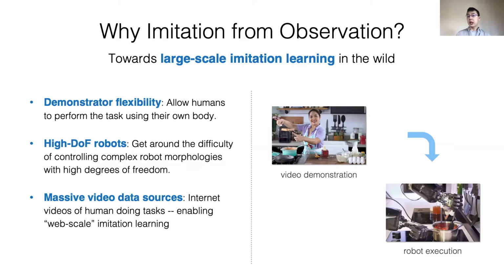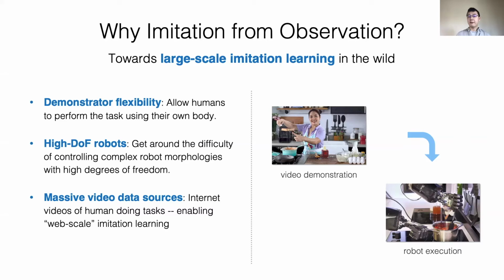There are also a bunch of technical reasons why we are interested in imitation from video and why this is a promising direction to enable large-scale imitation learning in a more realistic setting. First, it gives us a great degree of flexibility to the demonstrators. They can now use their own body to perform the task demonstration, and they don't have to have any prior knowledge about the robot.